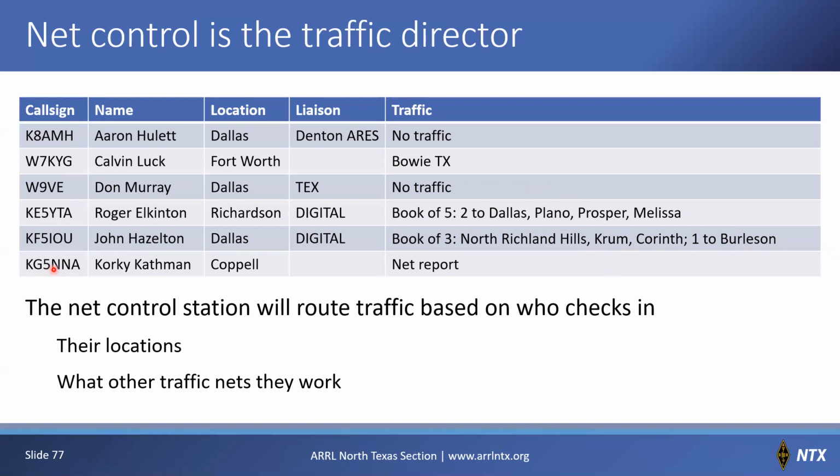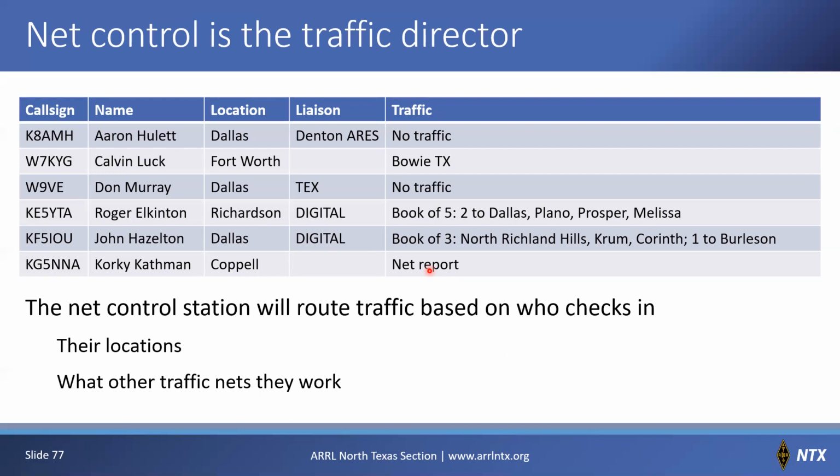Then Roger, KG5NNA, was the next one to check in, and he had a net report. We collect statistics about the traffic system each month. And so as the section traffic manager for North Texas, I get details from traffic nets happening here. And then I put those numbers together and I send them up to ARRL headquarters.